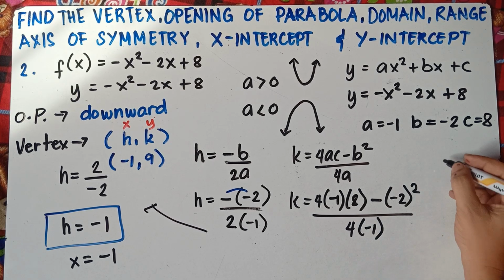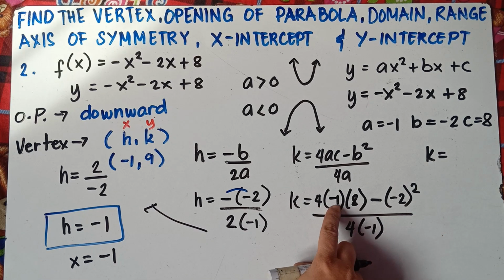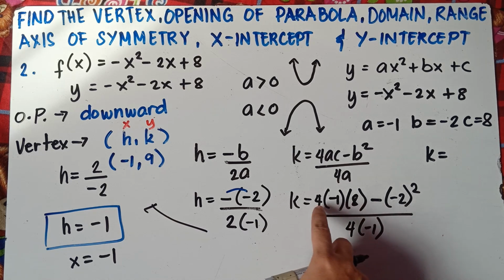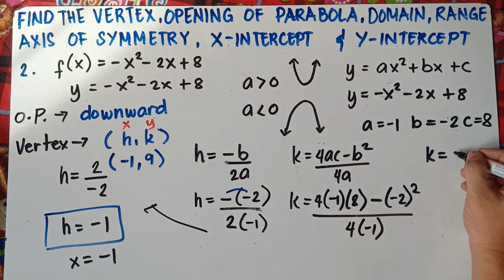Alright, so this will be k is equal to 4 times negative 1, that's negative 4, times positive 8. So negative 4 times positive 8, that's negative 32.